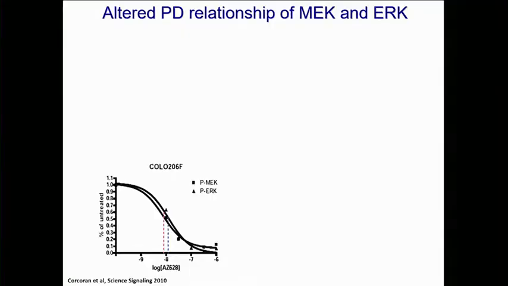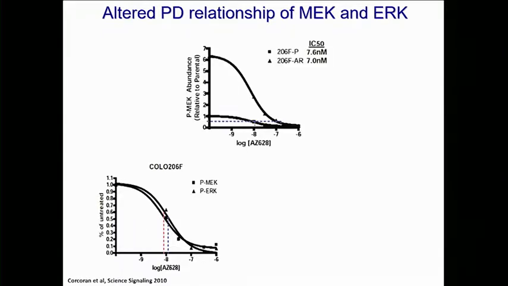And the model for this is that at baseline in a parental cell, you have a pharmacodynamic relationship where about a 50% inhibition in MEK leads to about a 50% inhibition in ERK. However, in these resistant cells, your levels of phosphorylated MEK are increased about 6 or 7-fold.